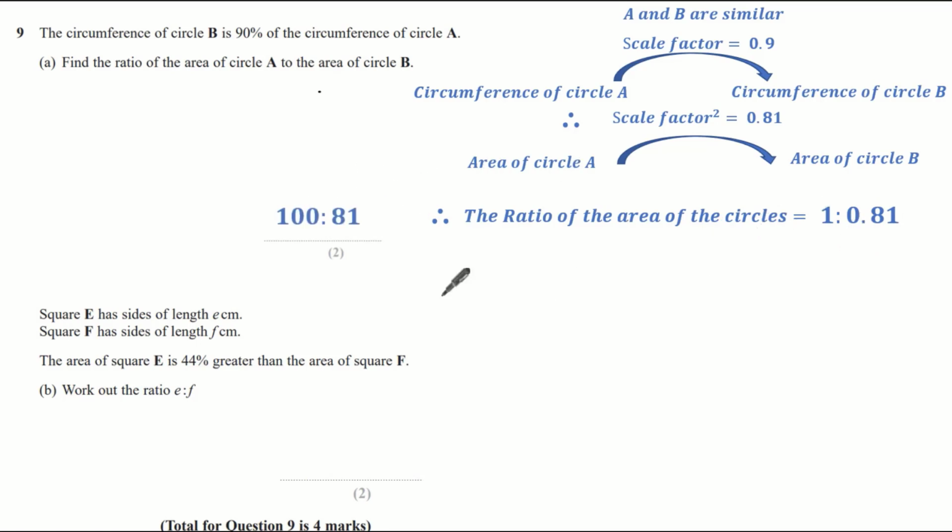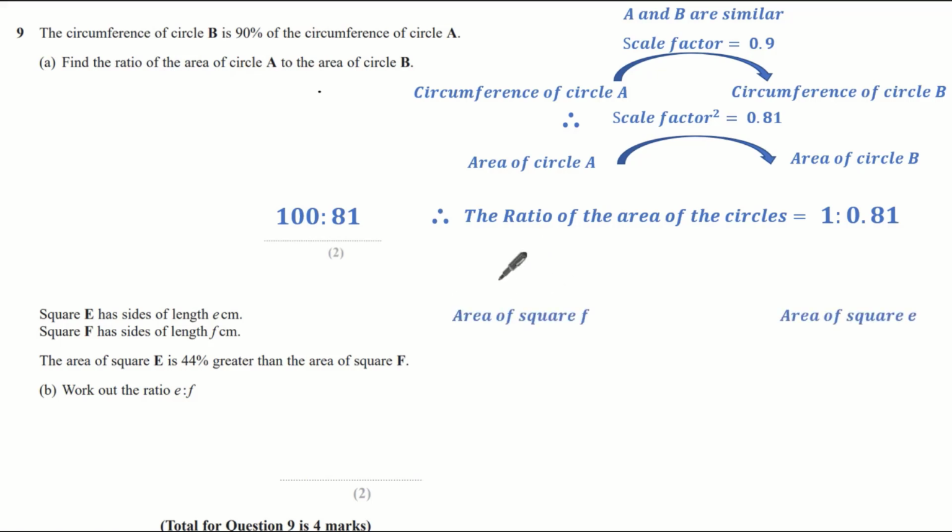Now the second part says square E has the side length of E centimeters and square F has the side length of F centimeters. Now the area of square E is 44% greater than the area of square F. And we're asked to work out the ratio of E to F. Just like before, we can see that these two squares are similar.